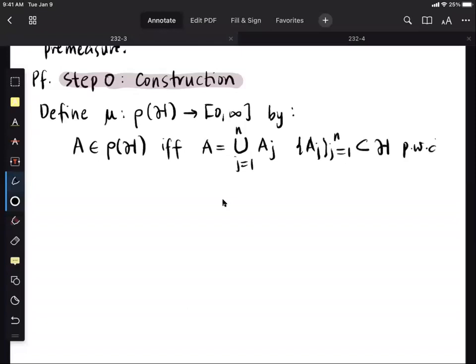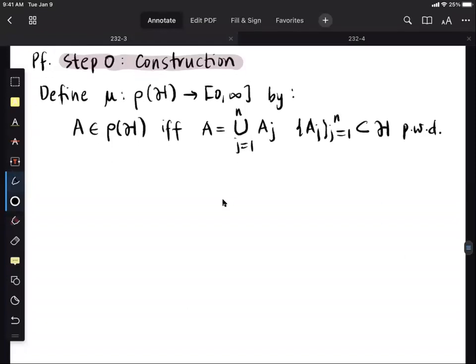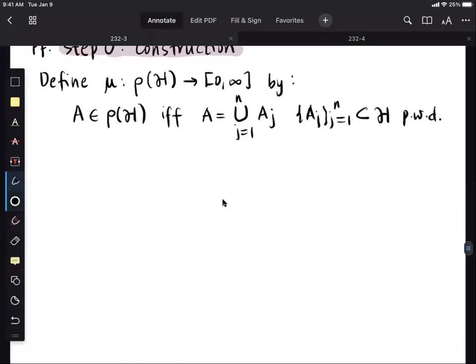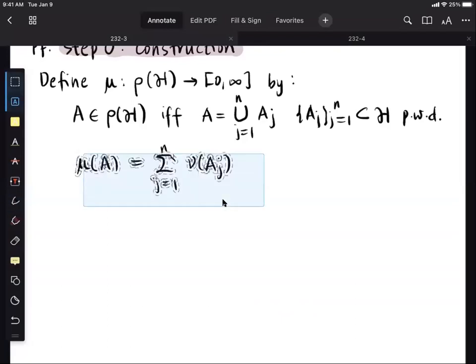So the sequence is pairwise disjoint. Knowing this, we define mu of A to be the sum of the contents with respect to nu of this partition. Okay. So that's the definition of mu.